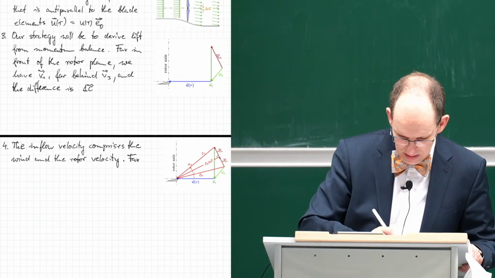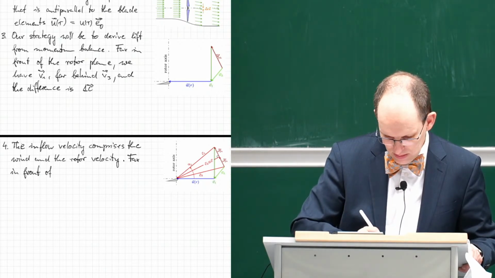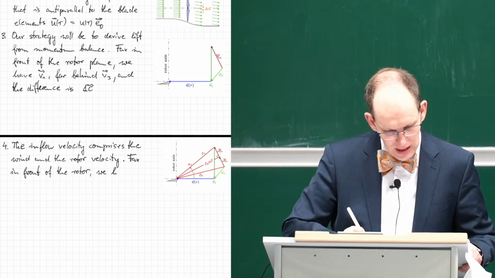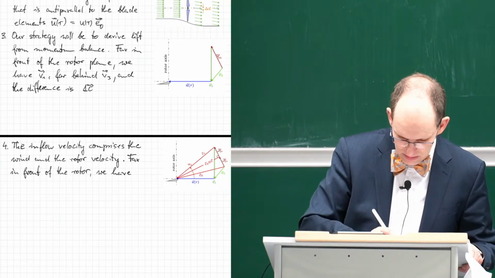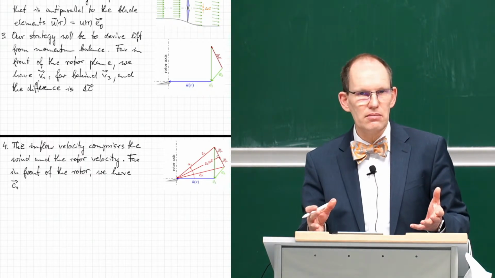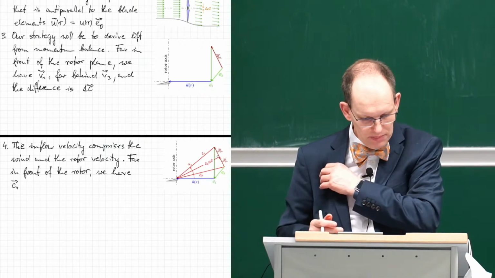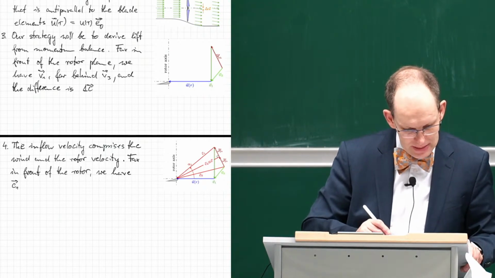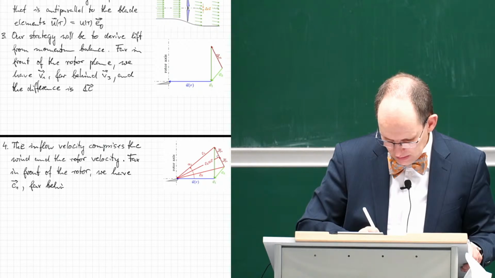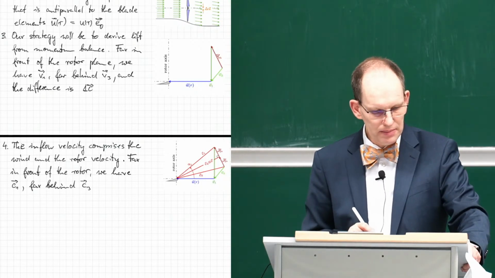Far in front of the rotor, we have C1, as you see in the figure. It's just hypothetical. There's no airfoil there, but nevertheless we can define this vector. And far behind, same comment, we have C3, as indicated here in the figure.